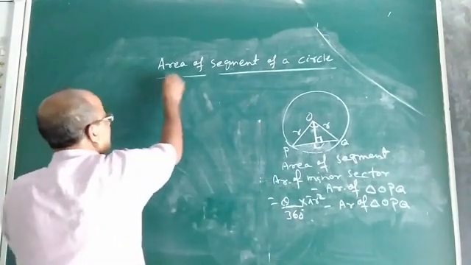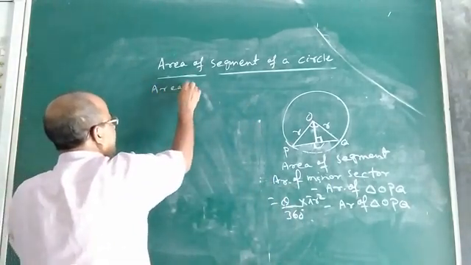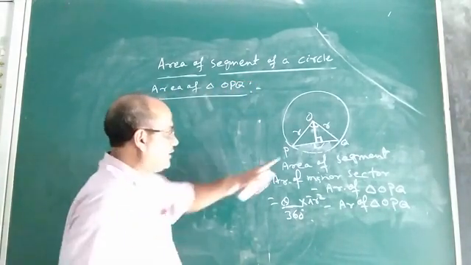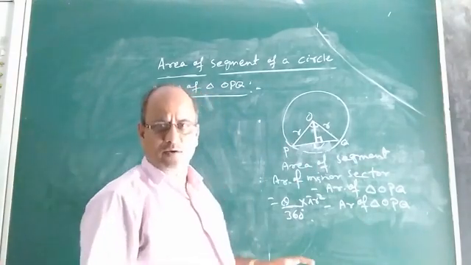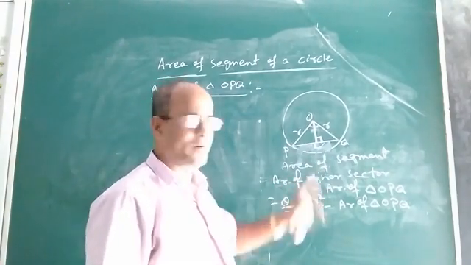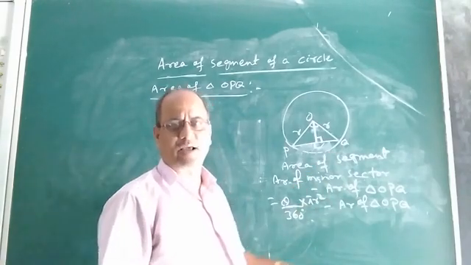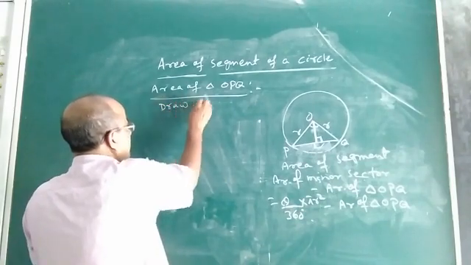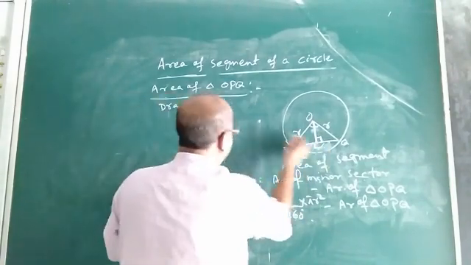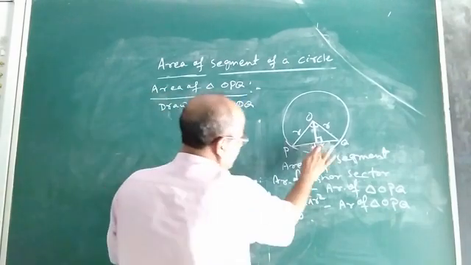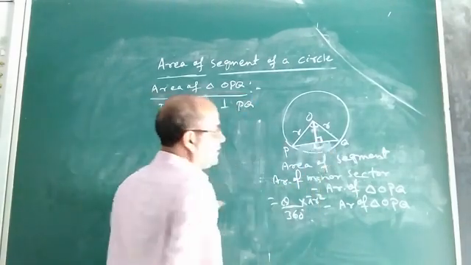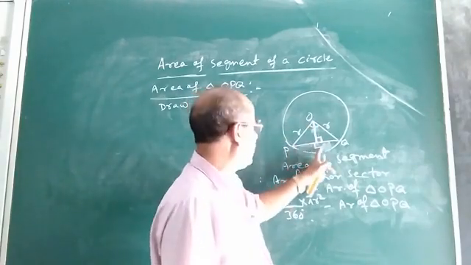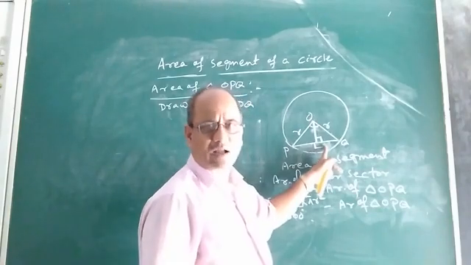In order to calculate the area of triangle OPQ, which is a requirement, because without finding the area of triangle OPQ we cannot find the area of the segment, draw OL perpendicular to PQ. If OL is drawn perpendicular to PQ, you can easily prove that triangle OPL and triangle OQL are congruent.